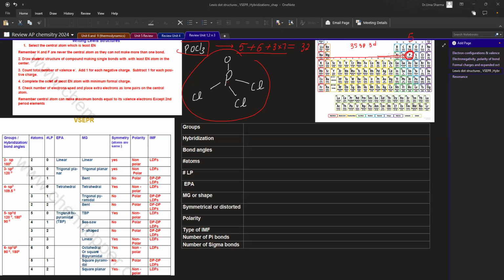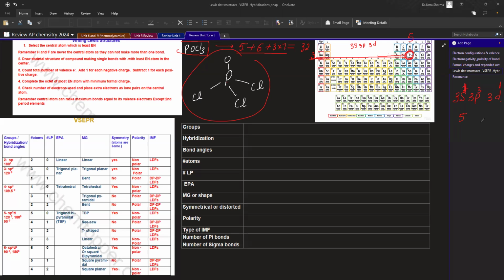And when I'm trying to do that, I'll focus on P. P is a third period element, right? Third period means 3s, 3p with empty 3d. So P has 5 valence electrons, 2 and 3 here. One electron can jump from here to here. Now you can see it has a total of 5 unpaired electrons, so it can make 5 maximum bonds.